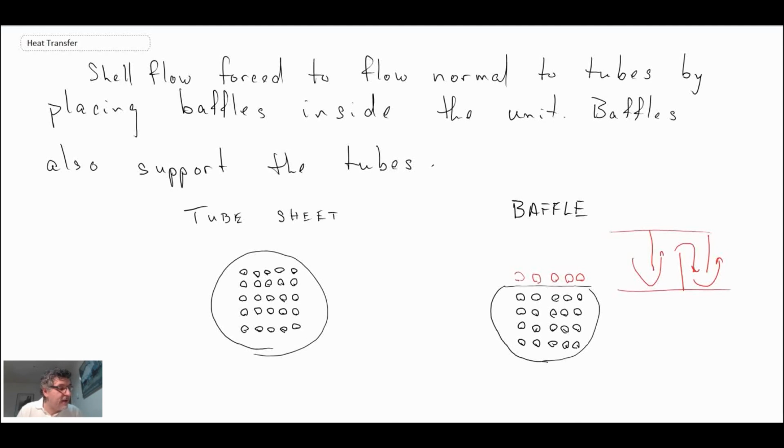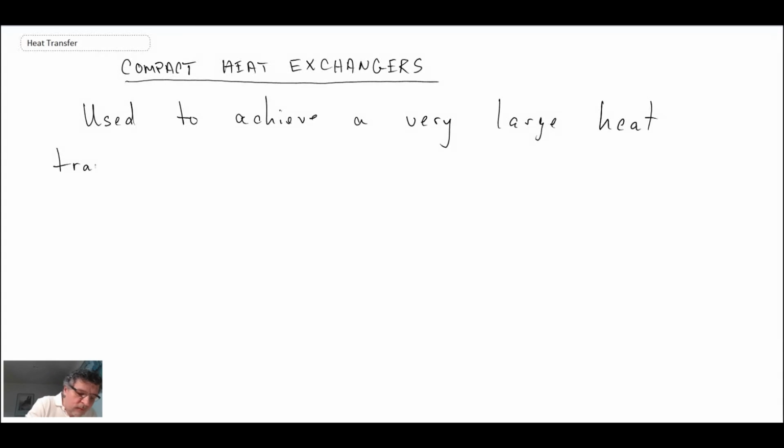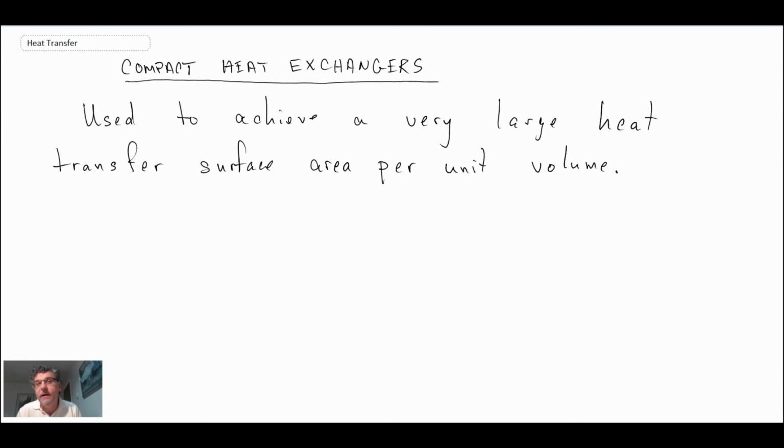So that is the shell and tube heat exchanger. There is another design, although we're not going to look at it in the lectures here, but these are compact heat exchangers. Compact heat exchangers are designed in a manner where you try to maximize the contact area between the two fluid streams.